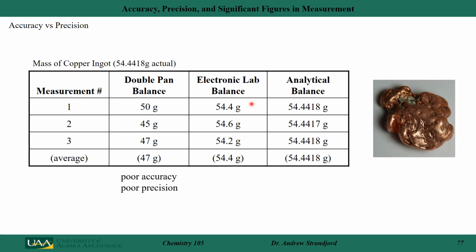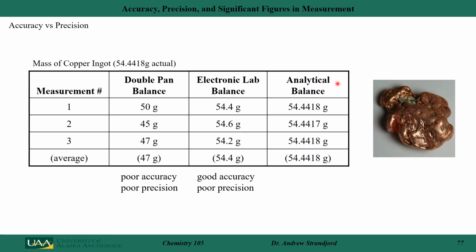If I use an electronic balance in class to measure the same copper ingot, I get 54.4, I get 54.6 the second time, and I get 54.2 the third time. On average, I get 54.4. So in this case, I get good accuracy, but my precision is fairly poor because I only have an uncertainty of 0.2 here, where in this actual measurement, I have a lot more digits to the right of the decimal point.